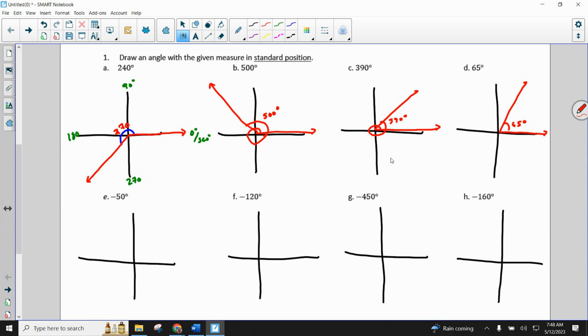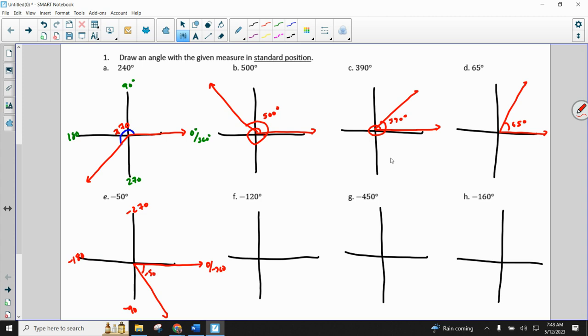All right, as talked about above, now we're going to go through 4 of them with negatives. The negatives tell us to go counterclockwise. So to go counterclockwise, now we're at negative 90, negative 180, negative 270, 0, and negative 360. So negative 50 is a little over halfway, right?